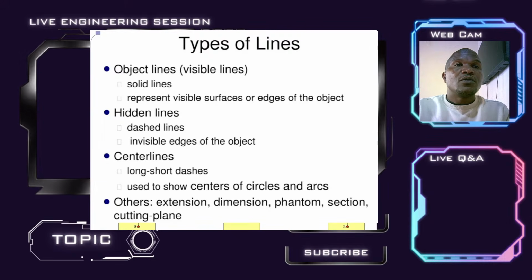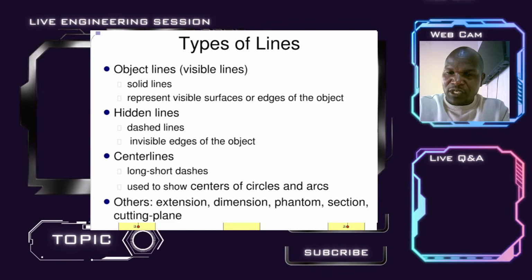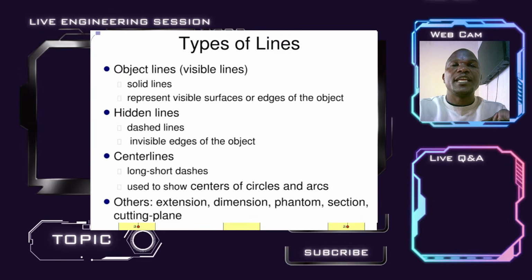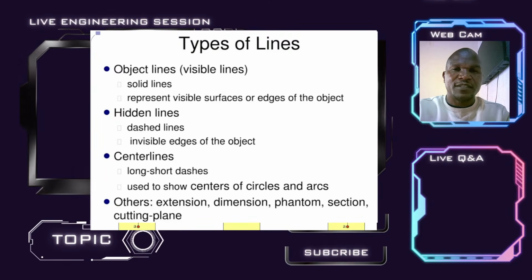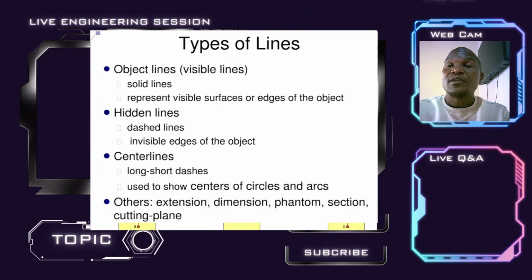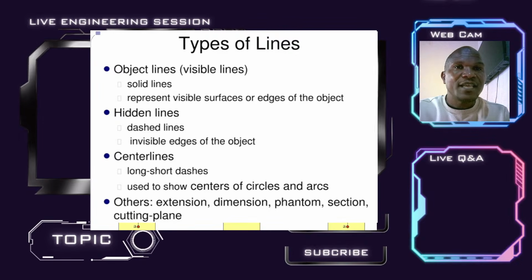Now, objects are drawn by lines, yes, but which kind of line? If it's something that is visible to you, you use a solid line, and you know the right pencil. I've talked about the right pencil. The harder the pencil, the lighter it draws. The softer the pencil, the thicker and darker it draws.